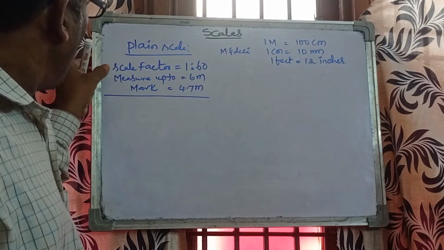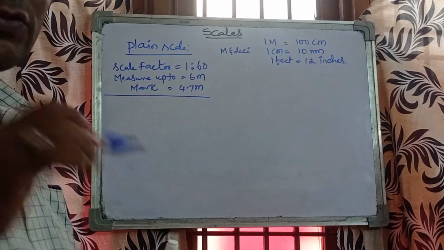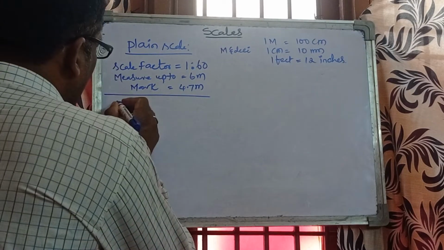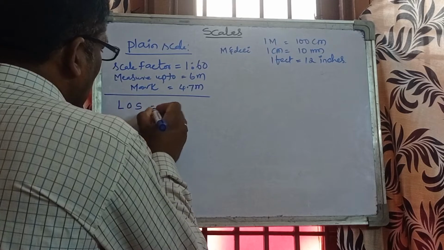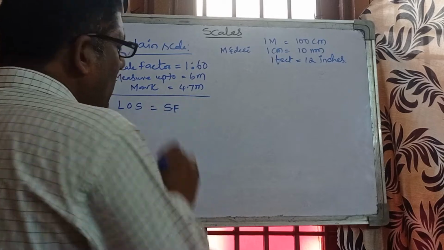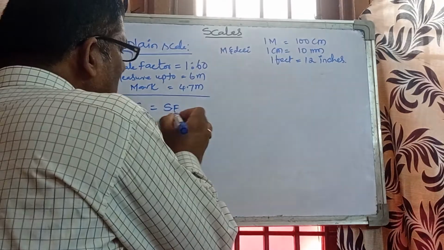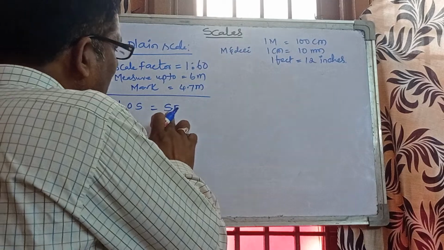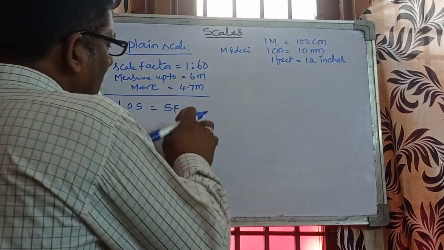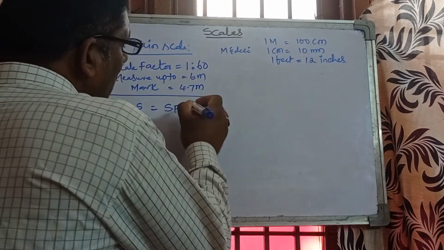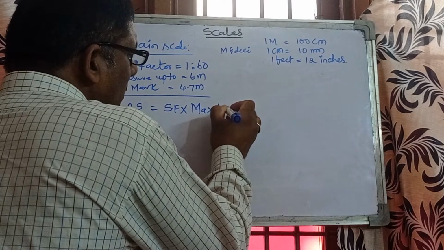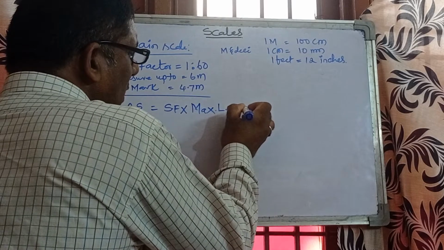Suppose we want to calculate the length of the scale first. You must focus on the length of the scale. The length of the scale is equal to the scale factor, SF, which some books may also call the representative factor, into the maximum length to be measured.